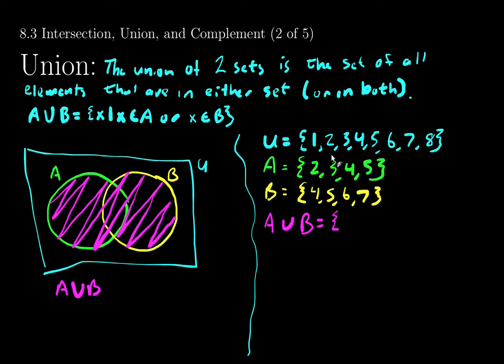So A covered 2 to 5, B covered 4 to 7. So A union B is going to be everything that was covered by one of those two things. The set containing 2, 3, 4, 5, 6, and 7.